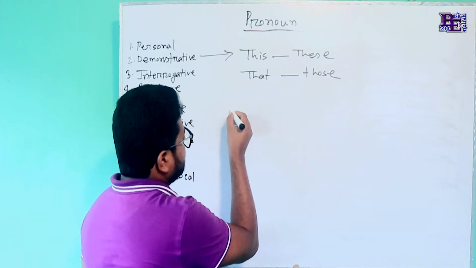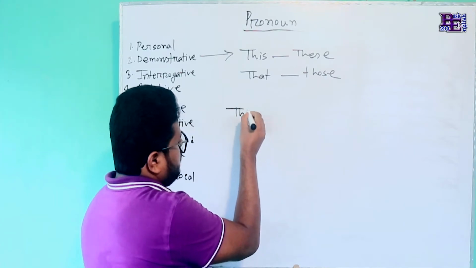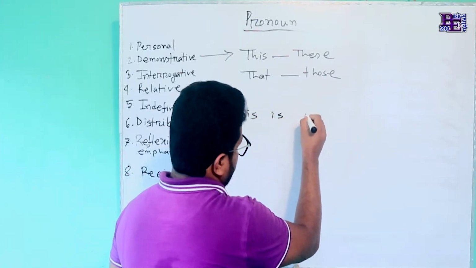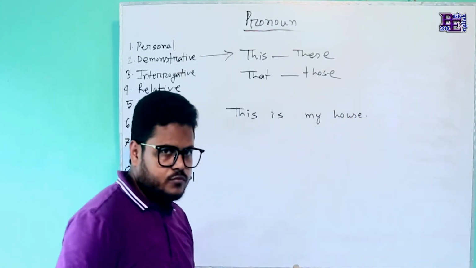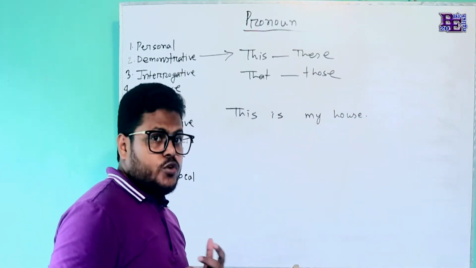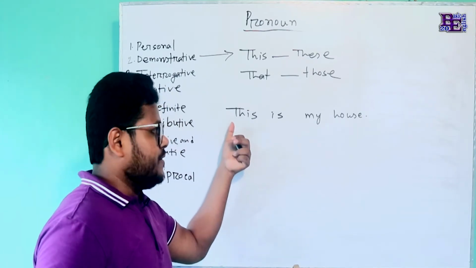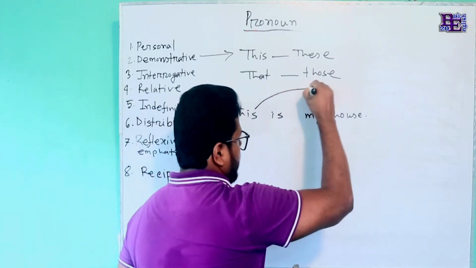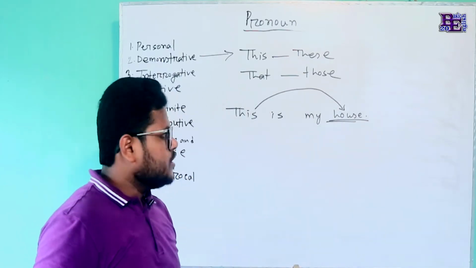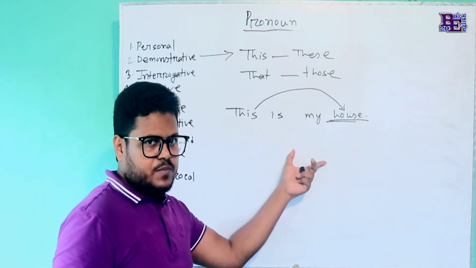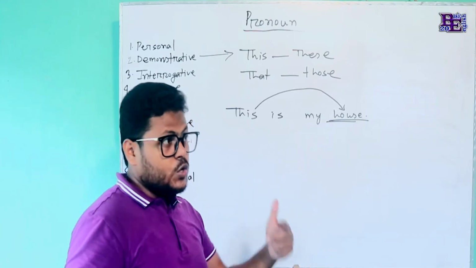If you say, this is my house. Okay, what do you mean by this? By this, you are referring to that particular house. Okay, so this is my house. That means the house is near to you, not far.